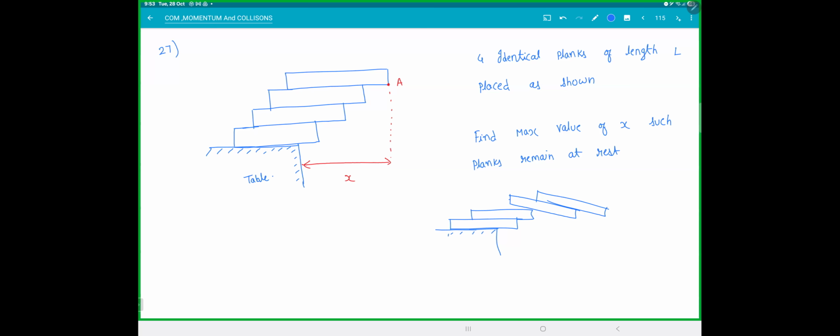You have 4 class notebooks. You kept one book, then another book on top of it, another book, and you're just pushing them slowly out of the table. What is the maximum you can extend it outside the table horizontally? How do you handle this?